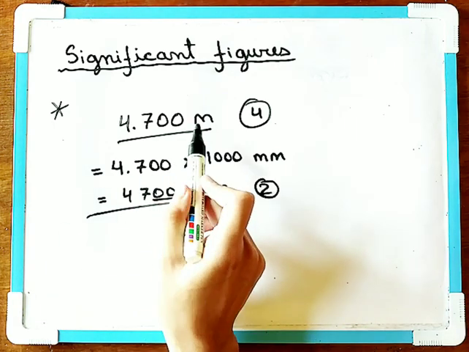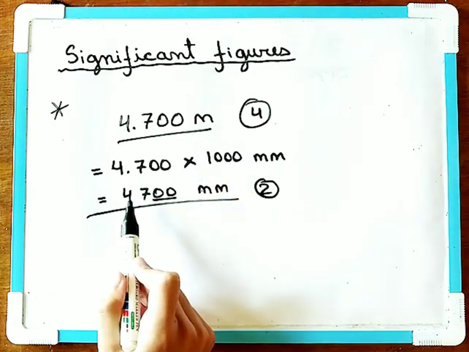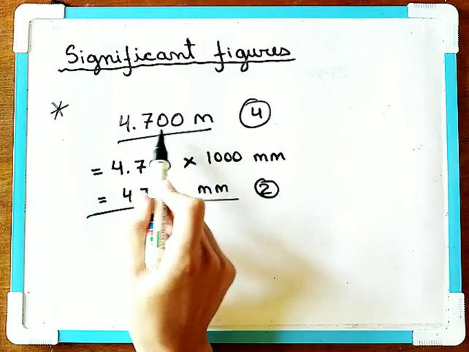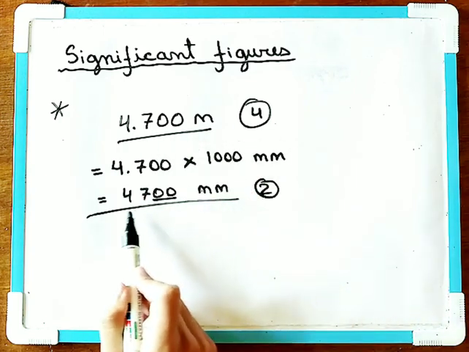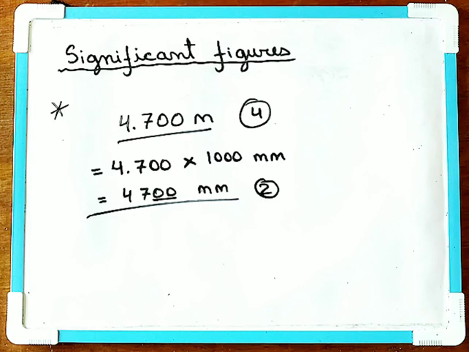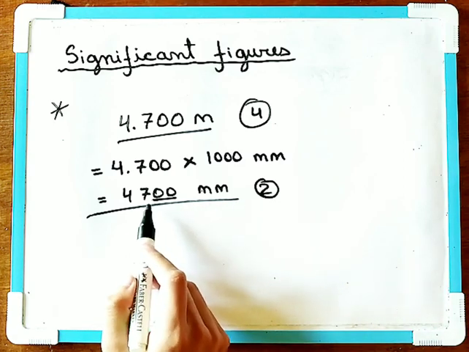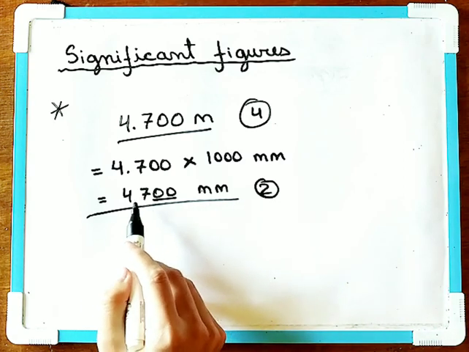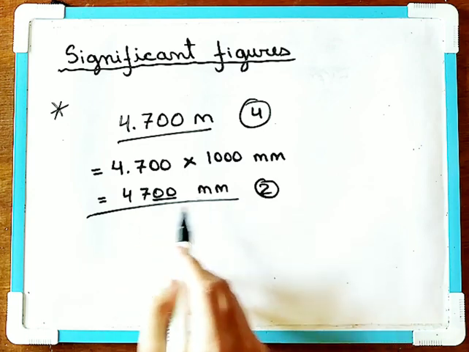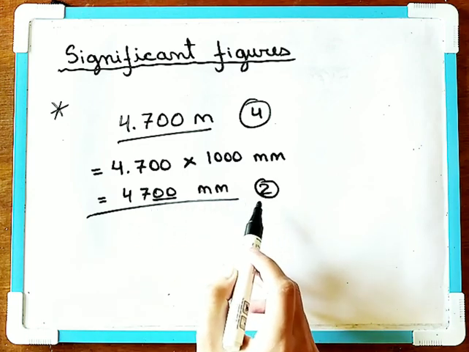In this case, we convert from meter to millimeter. The number of significant figures here is 4, and the number here also should be 4. But you can see that by using rule number 4, the significant figures here are 2.